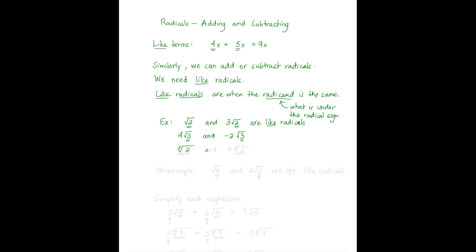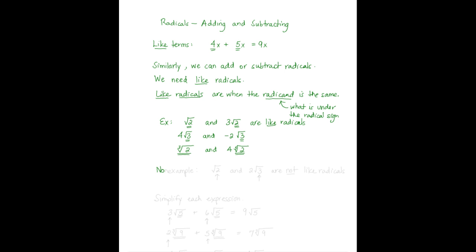The cubed root of 2 and 4 times the cubed root of 2 would also be like radicals because the cubed root of 2 is the same in both 1 times the cubed root of 2 and 4 times the cubed root of 2.